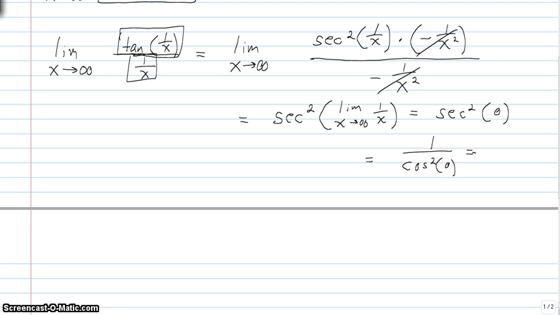And cosine at 0 is 1, so we get 1 over 1, which is just 1, and that gets us the limit that we were after.